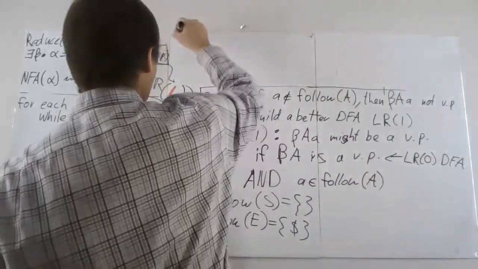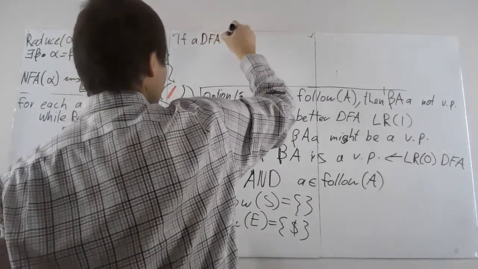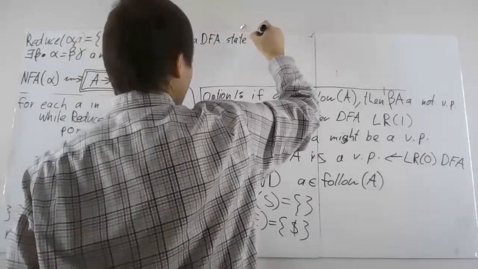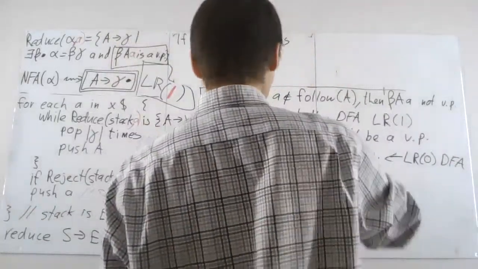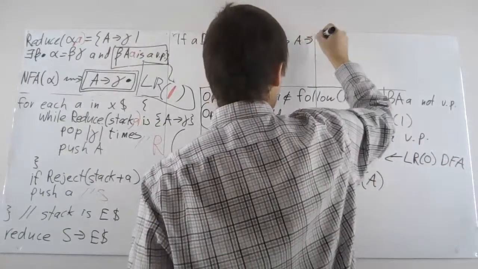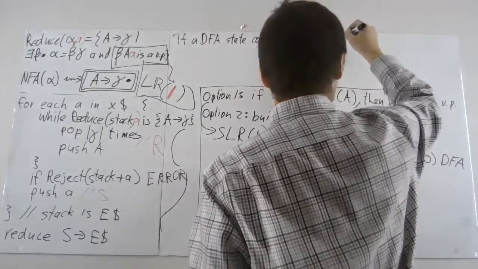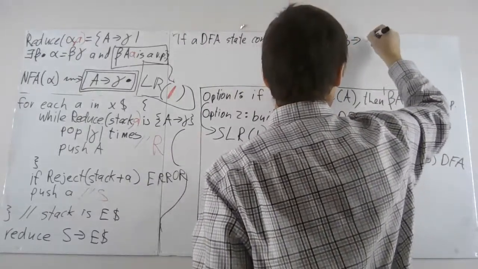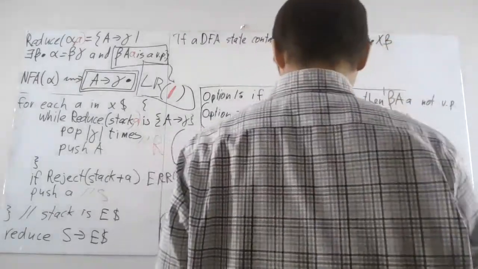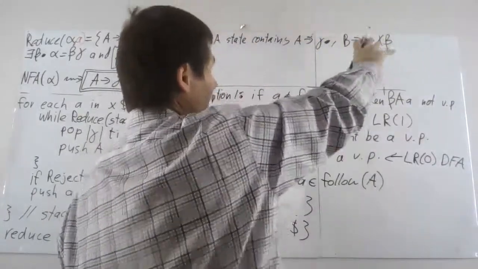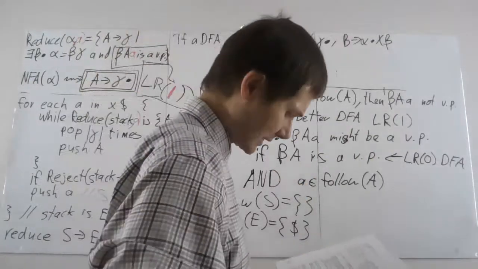So if a DFA state contains A goes to gamma dot, so dot at the end, and B goes to alpha dot x beta, so dot not at the end, then this would be a shift reduce conflict in the LR0 parser.